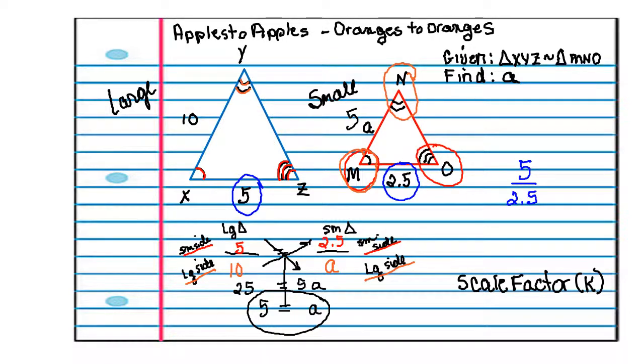Whatever you talk about first goes up top, and whatever you talk about second goes down below on the bottom. So the scale factor here would be 5 over 2.5, which reduces down to 2. So we have a scale factor of 2 to 1. And if you really wanted to, you would go, oh, well, this is like half as much. So the A is going to be half as much at 5.